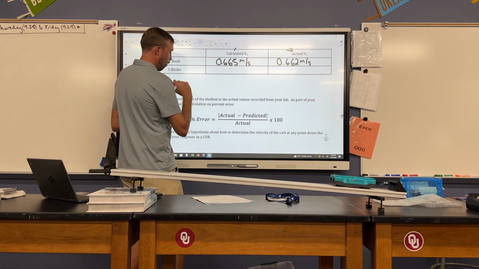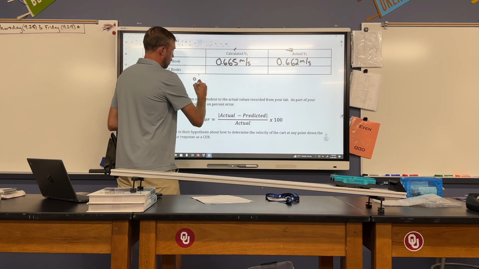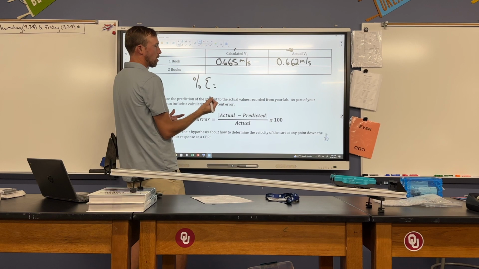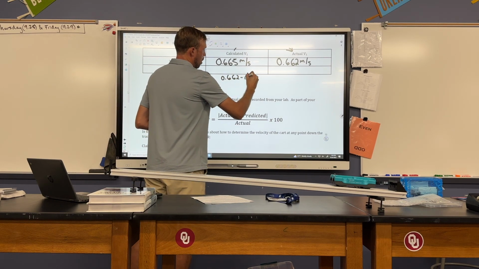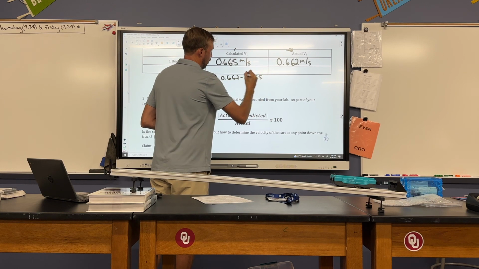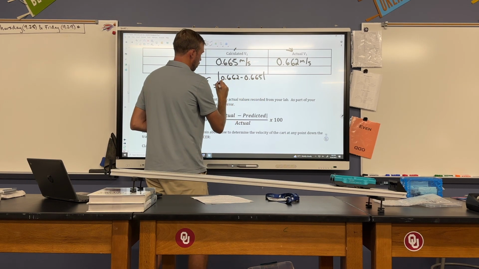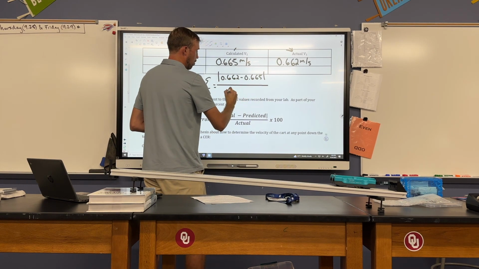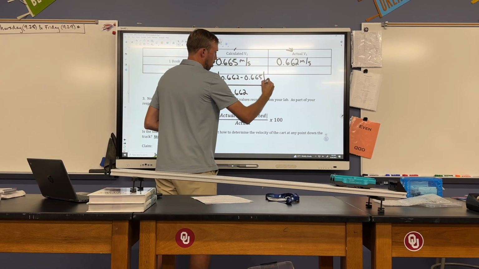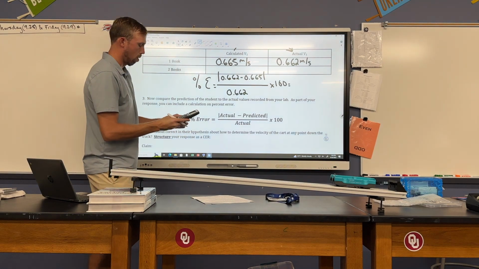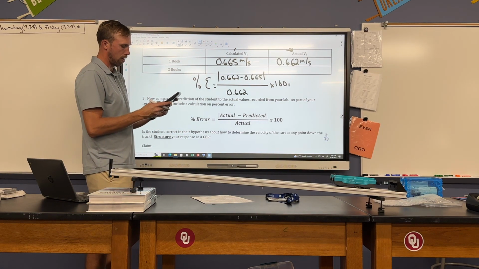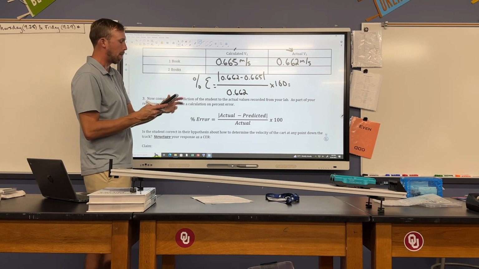So for one book, my percent error, call that percent E, I've got the actual, 0.662, minus my predicted, 0.665. I'm going to leave my units off for now. Divide by the actual, 0.662, and then multiply by 100. So 0.662 minus 0.665, absolute value, so that will take that number and make it a positive.